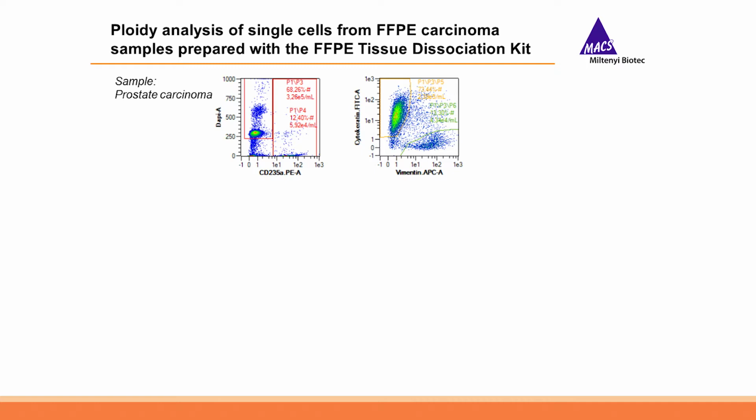Here we used as a first sample a prostate carcinoma, and we gated out first the doublets, and from the singlets we gated on DAPI-positive cells in this red population, and this red population we split then based on the cytokeratin and vimentin signal into, in orange, the cytokeratin-positive carcinoma cells, and in green the vimentin-positive non-tumor cells.